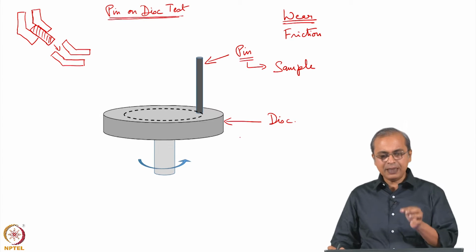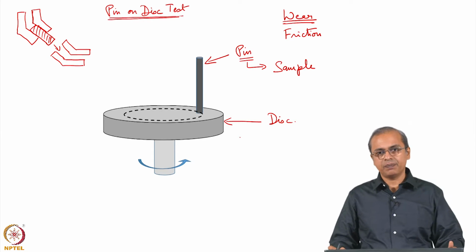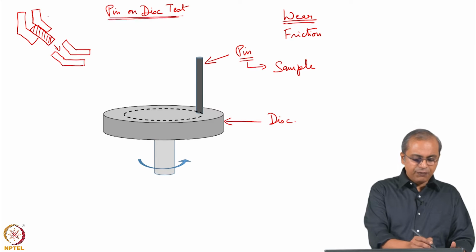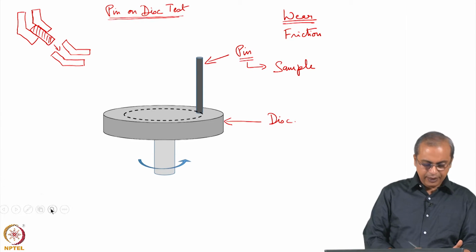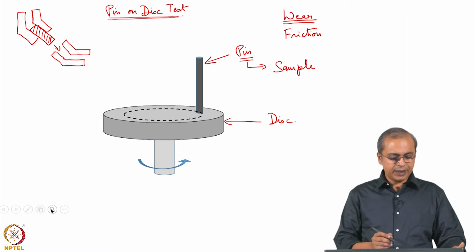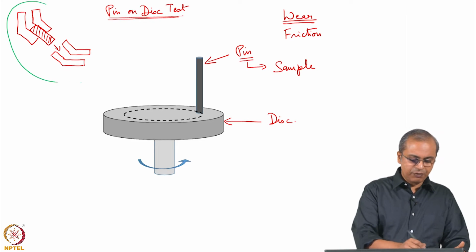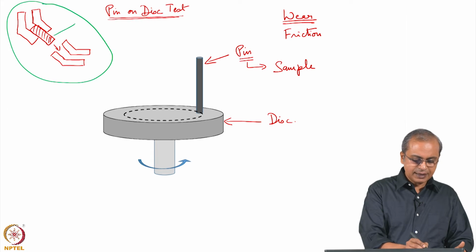As you can see, the pin is basically one thin cylinder, and if you did an equal channel angular extrusion kind of process, this kind of process out here, then you are getting that cylinder.